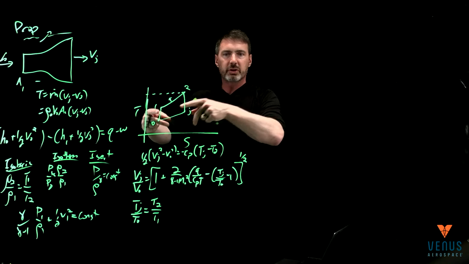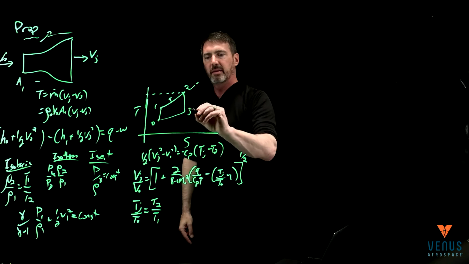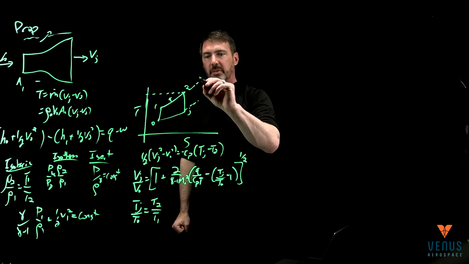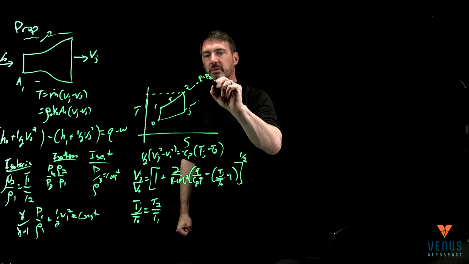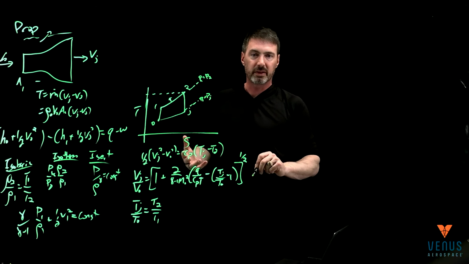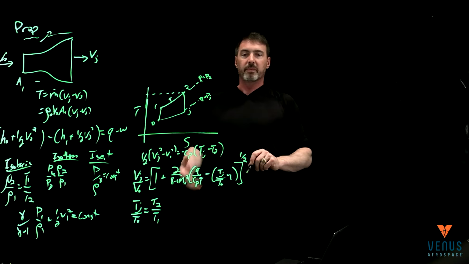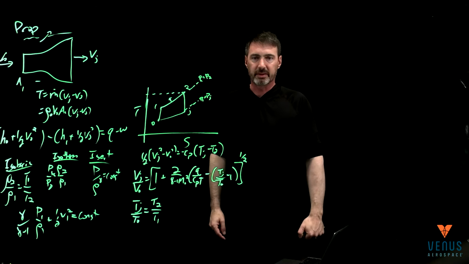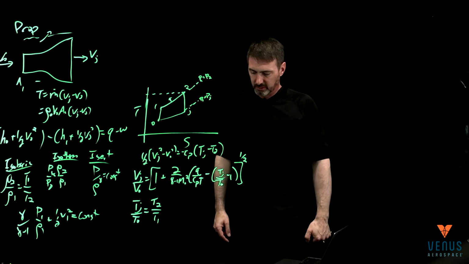That ratio is the same, at least for constant pressure combustion, and we might come back and change that. This is happening at P1, which is equal to P2, and this is happening at P0, which is equal to P jet. It is assuming that the jet's fully expanded, but because of that we end up having the ratio of those two temperatures be the same, and that's basically just the thermodynamic cycle.